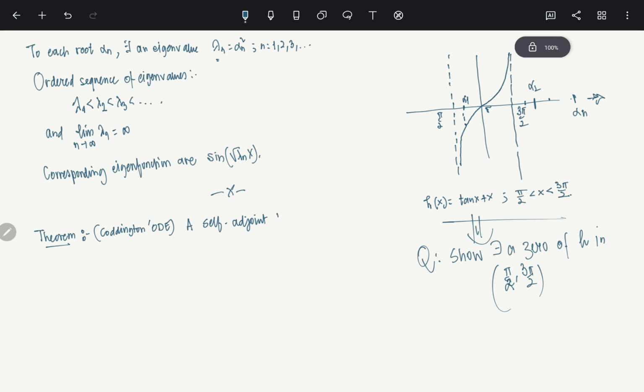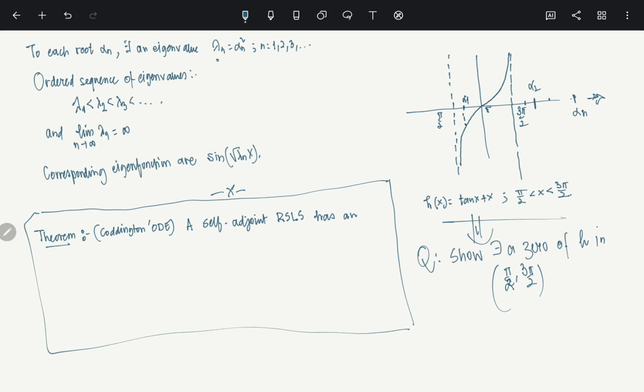A self-adjoint regular Sturm-Liouville system has, and maybe I can write the theorem in this part, let me put it this way: has an infinite sequence of real values. What are the real values?